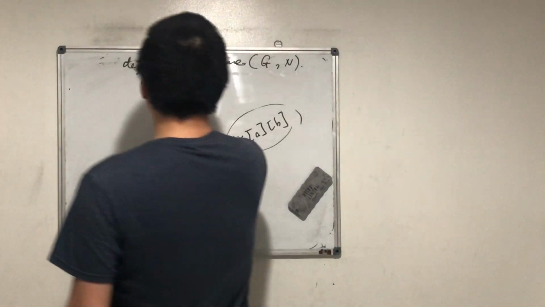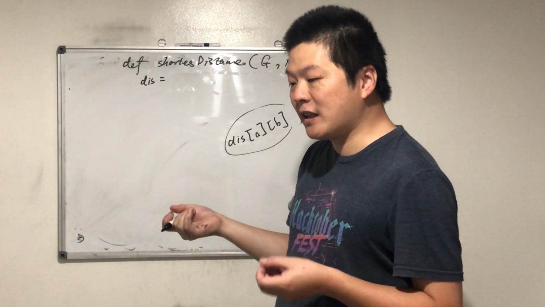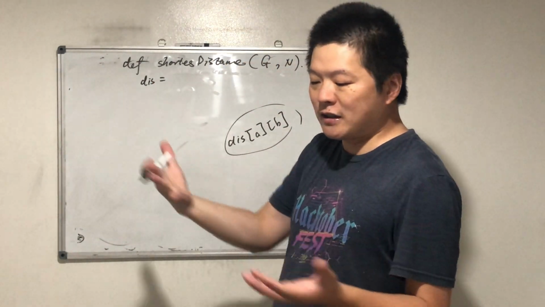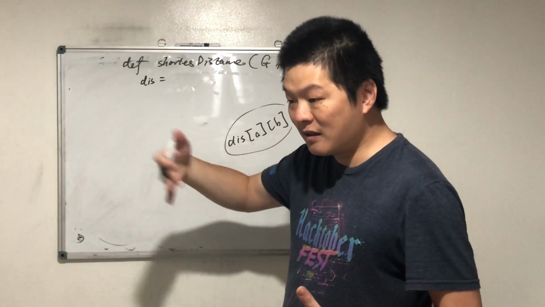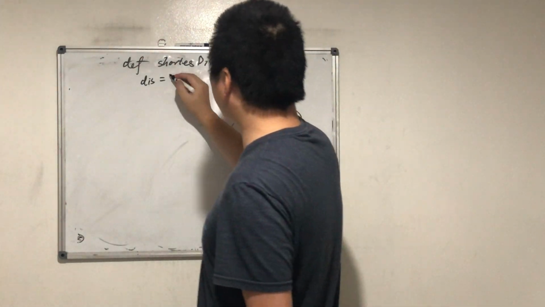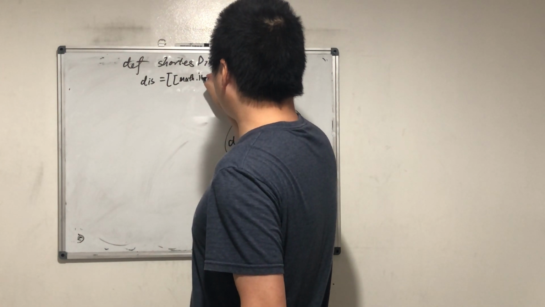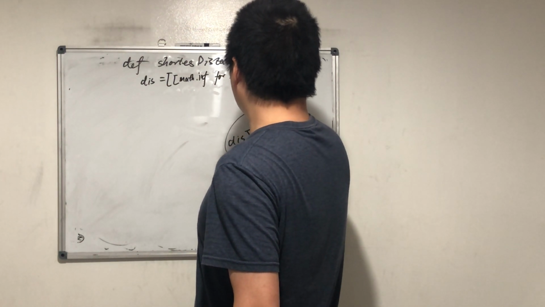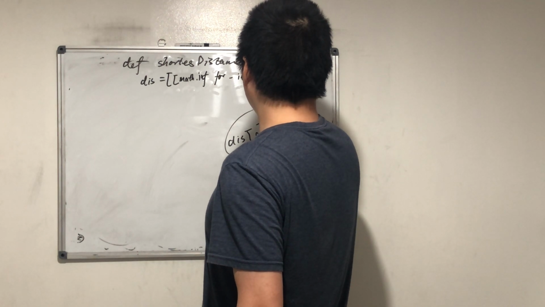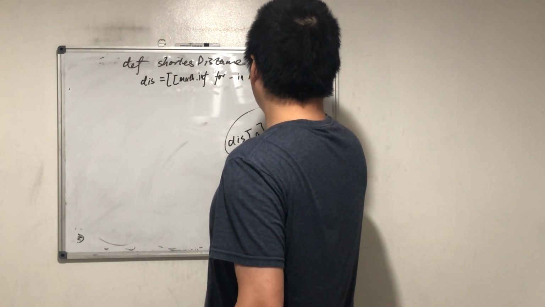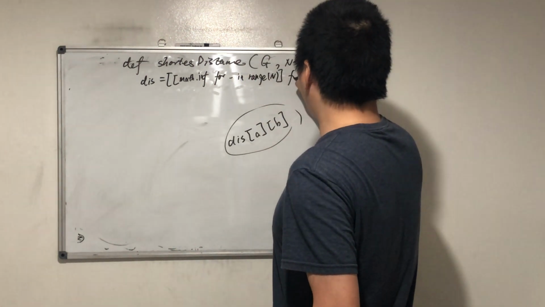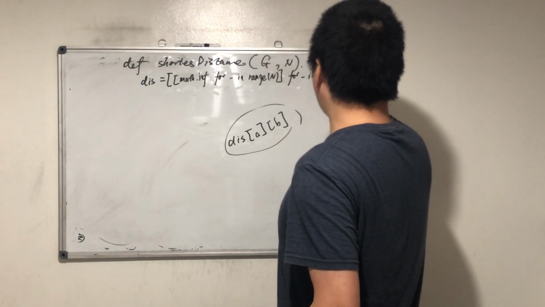So how can we do this? At the beginning, we initialize this to the biggest number you can think of: infinity. It will be math.inf. We're not doing maths, we're doing programming. This is the list, for each in range n, and another for in range n.